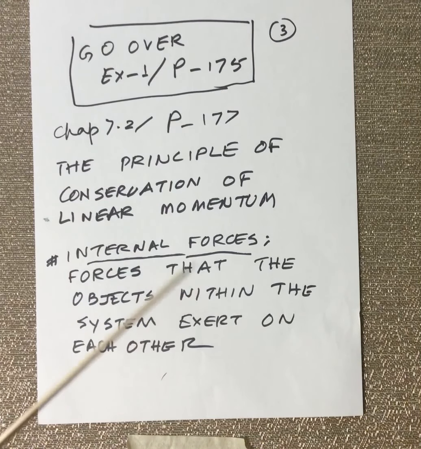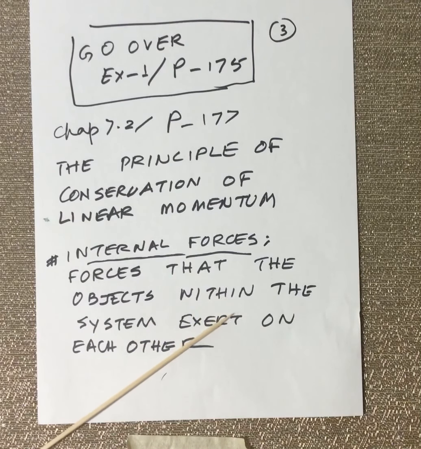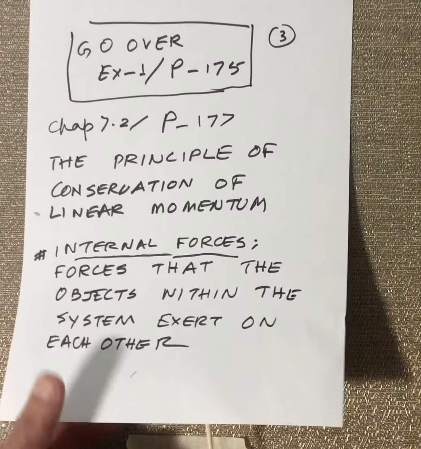There are two types of forces here. The internal forces, which are the forces within the system when the objects exert on each other. And we'll define external forces, which are outside the system.